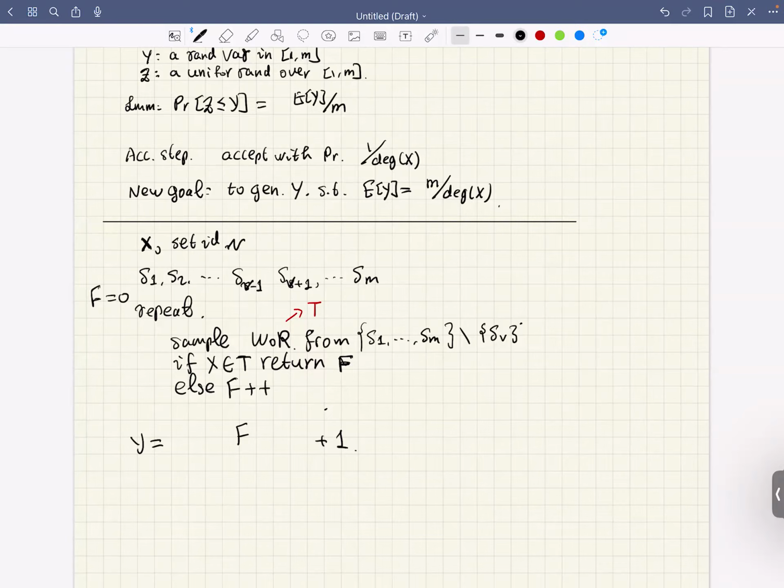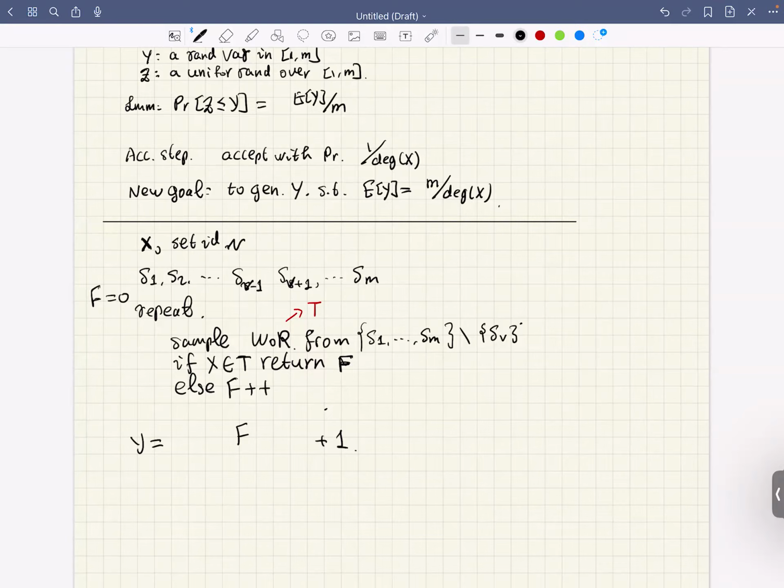So in general, let's say the degree is something like m over 2. How many samples do you need here? You can see roughly half of them will contain your element, so what you return is roughly 1, because you take 2 samples, but f is increased only once, and in the end, y will be 2.